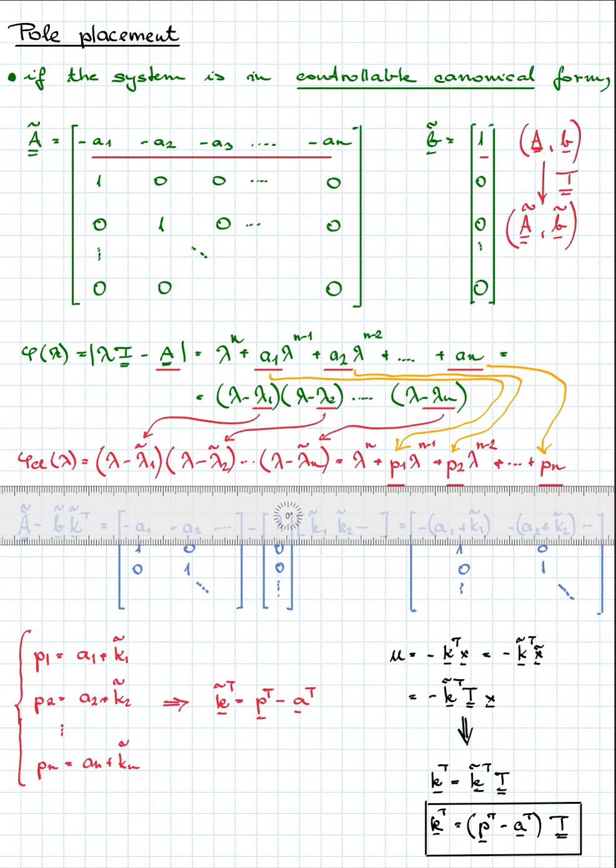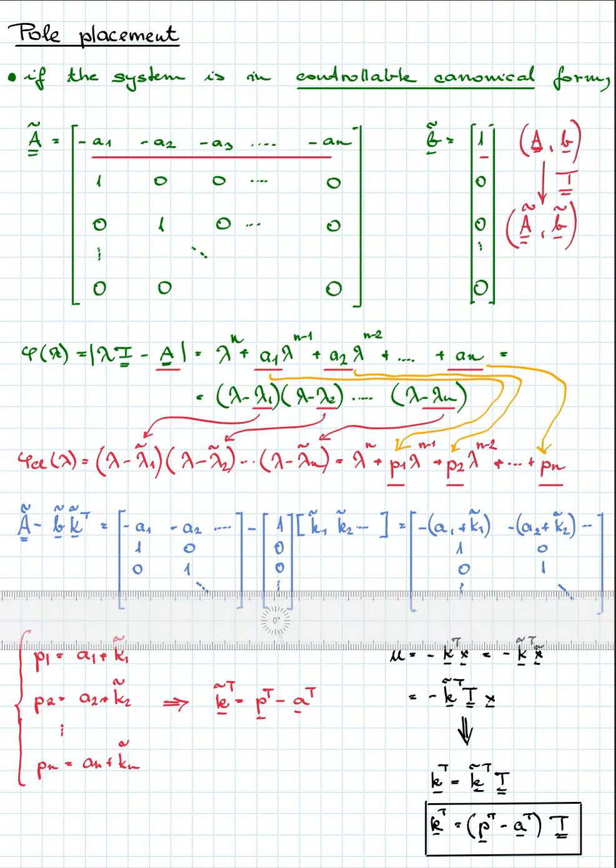And for these p1, p2, and pn coefficients, we will have an associated matrix which we can obtain as follows.